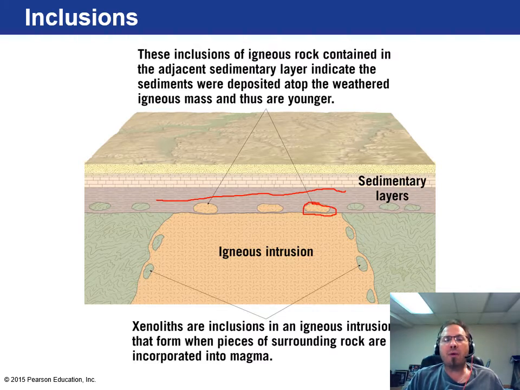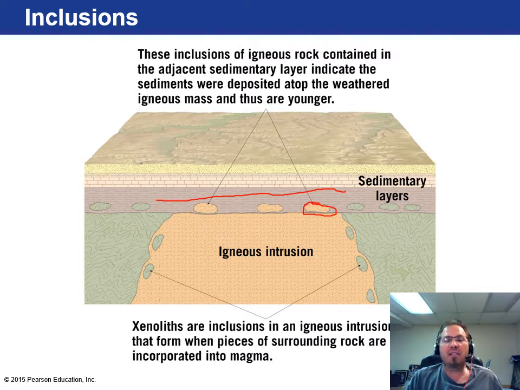So the igneous rock had to have been there first, because it's a harder rock, but also the sedimentary rocks just sort of formed around these chunks of igneous rock. So the igneous rocks had to have been there first.